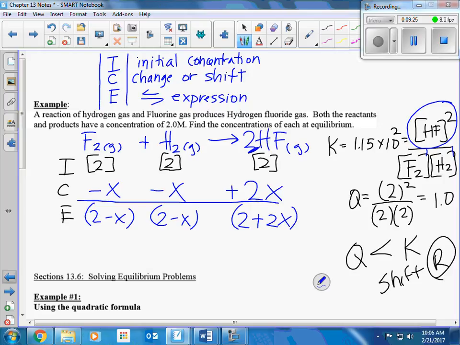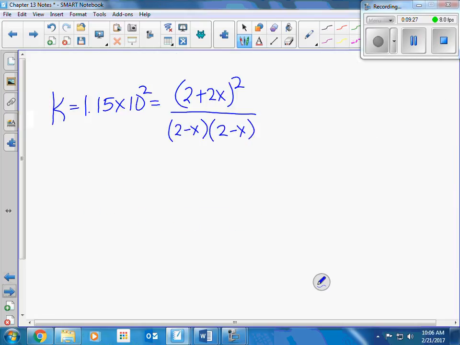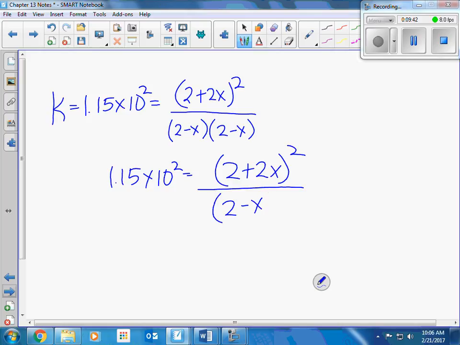Okay, so then we need to go ahead and we just need to continue to solve this. And I did this. I did 1.15 times 10 to the second. I left this squared. I have the same expression on the bottom. Is that also squared? So if I see that, what can I do? Can I take the square root? Yes. So that's what I did.